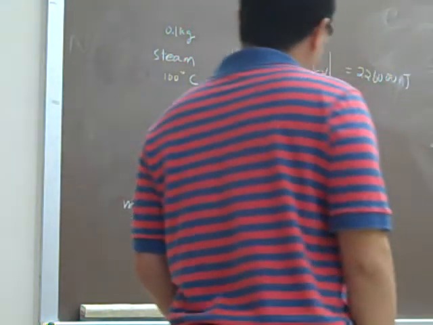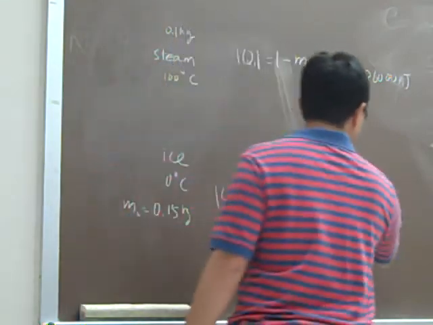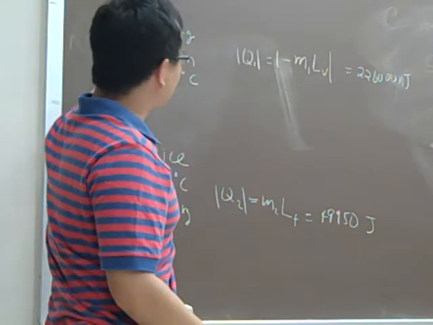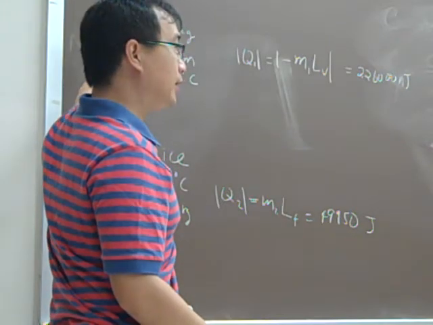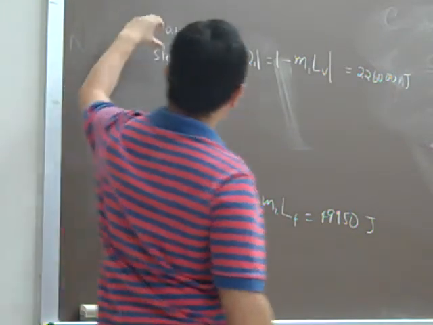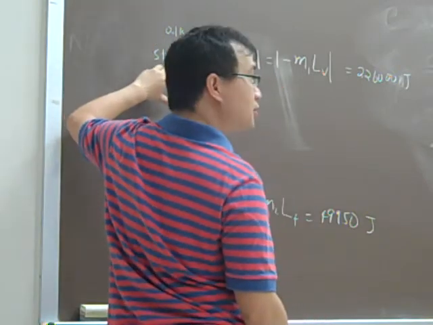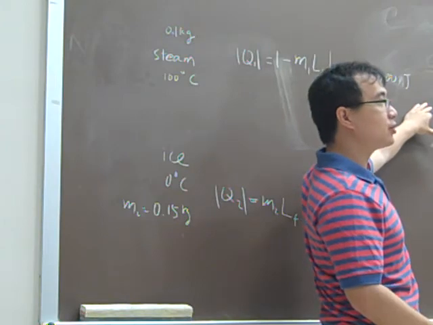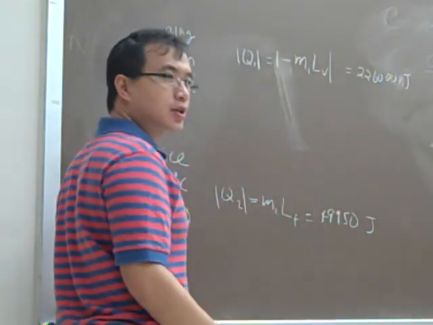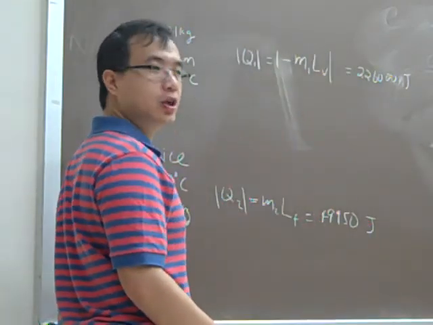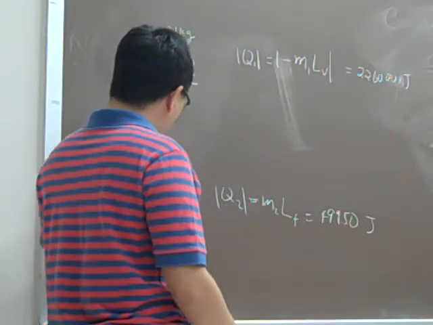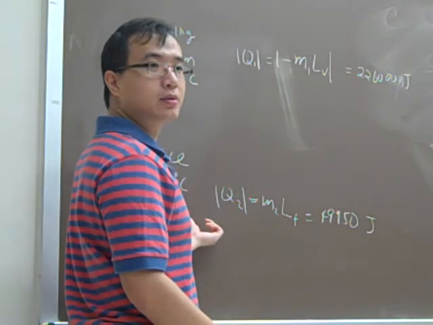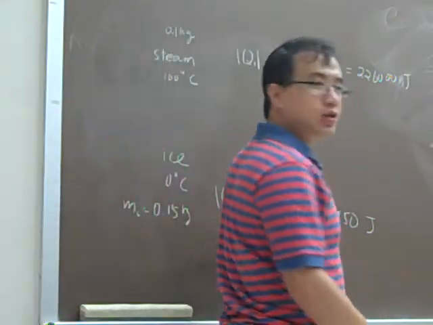Okay, so you see, this is the heat released from this process by changing all the 100 degree steam to 100 degree water, right? And this is the heat required to melt 0 degree ice to 0 degree water. So this one is larger than this one.